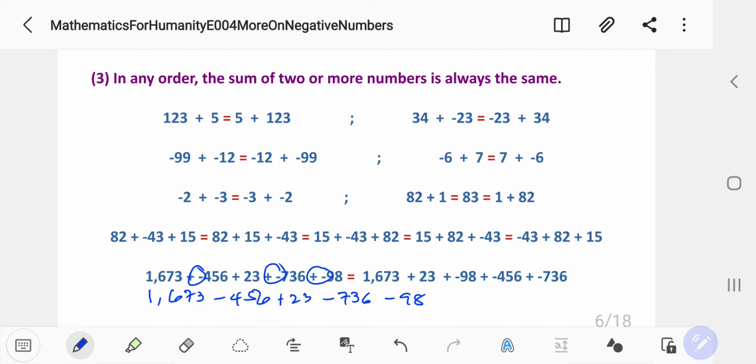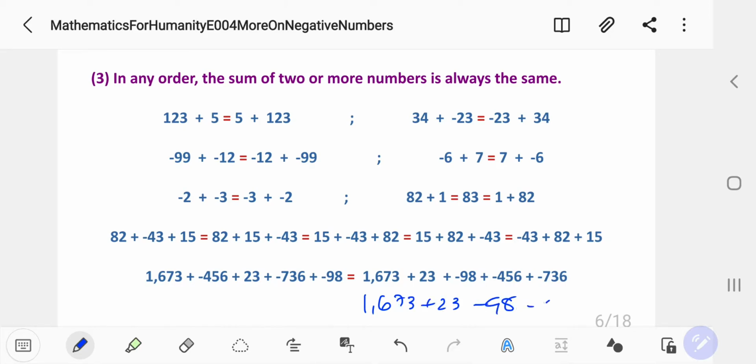We knew that in the previous video. And also here you have 1673 plus 23 minus 98 minus 456 minus 736. So that's still the same.